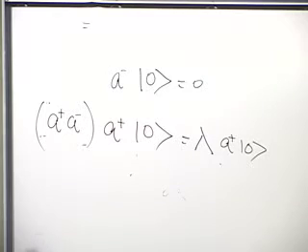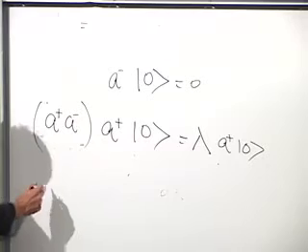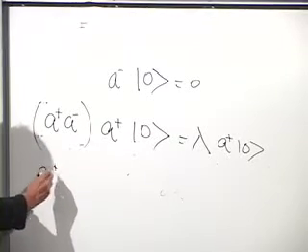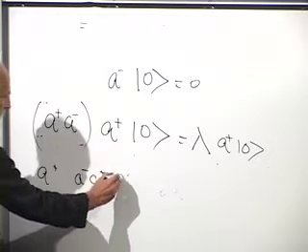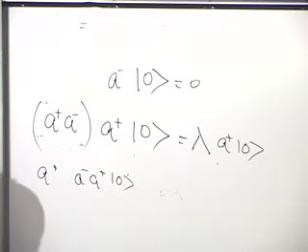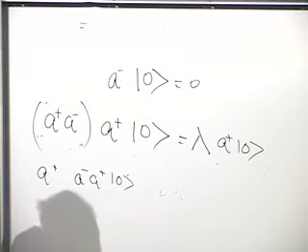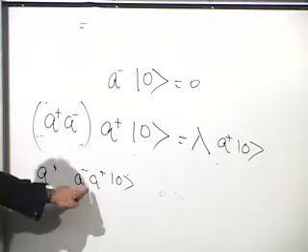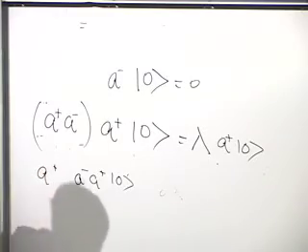Okay, now, if I remove the bracket, I have A plus, A minus, A plus on 0. What I want to do is interchange the order of these two, but I'm not allowed to do that because they don't commute.